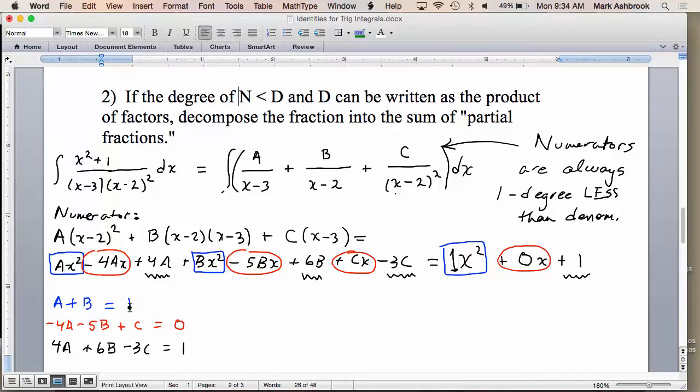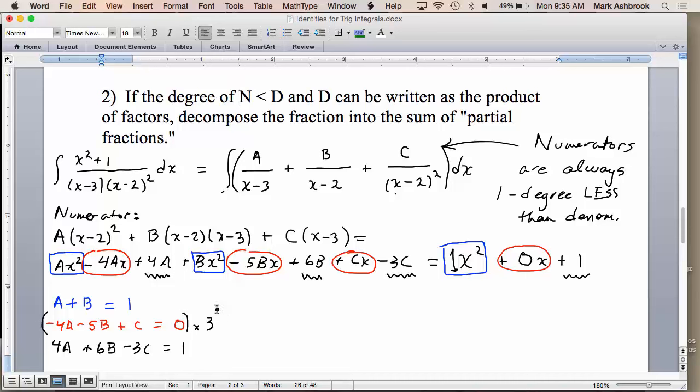So if I can eliminate c from the second and third equation, then I'll have a new equation of a and b, and I can combine it with equation 1. So I'm going to multiply my second equation by 3 and add 2 and 3, and that'll make c go away.